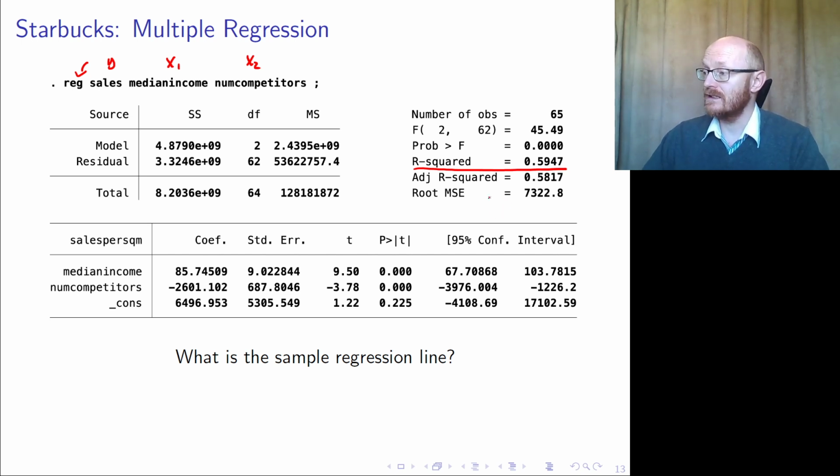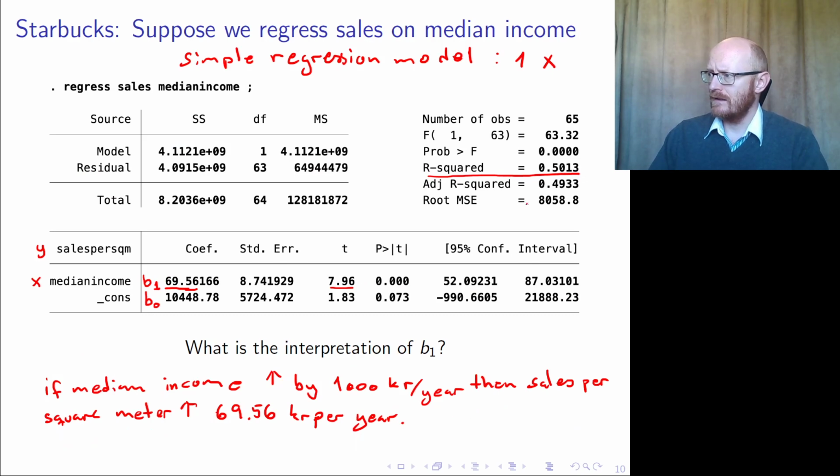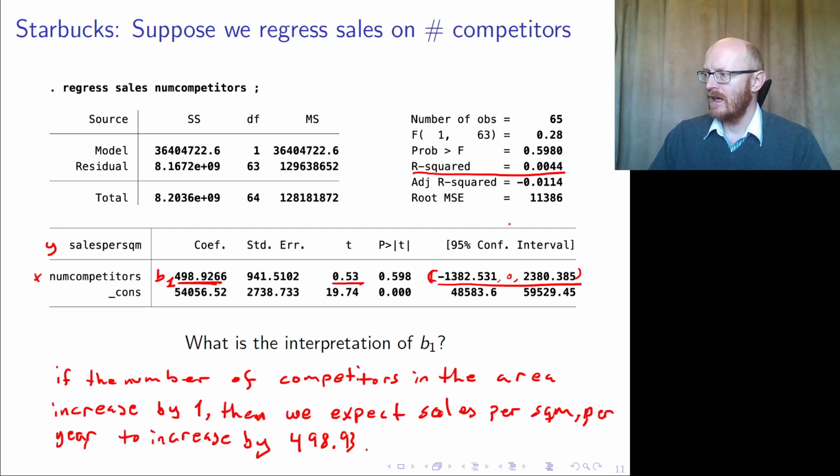And actually something which is really important is that the root MSE, the root mean squared error, which is the standard deviation of the residuals, is 7,300, and in the first simple regression where we used median income, our root MSE was 8,000, whereas by using the number of competitors, our root mean squared error was 11,000.